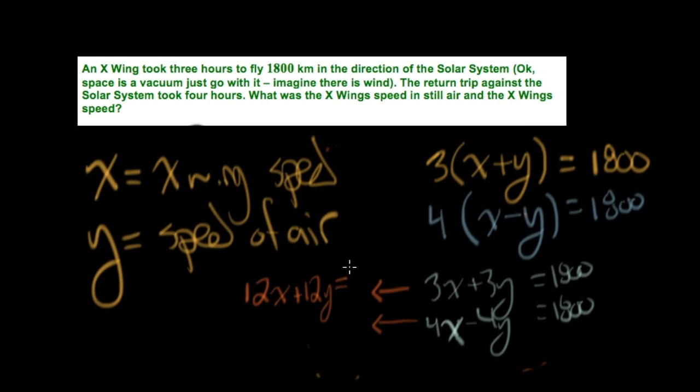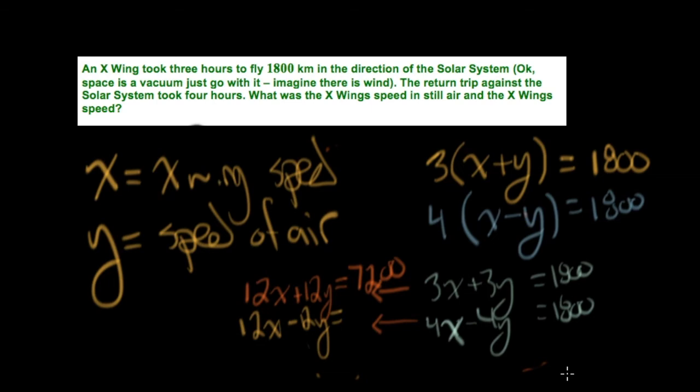So I write down my 7,200 really small. And the other one, I'm going to times by 3. So 12x minus 12y. I times this by 3, so I think that's going to be 4,800.